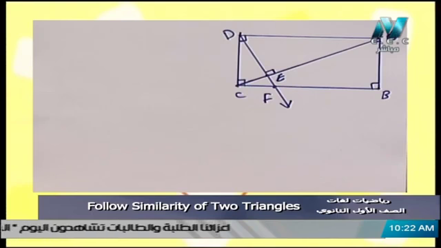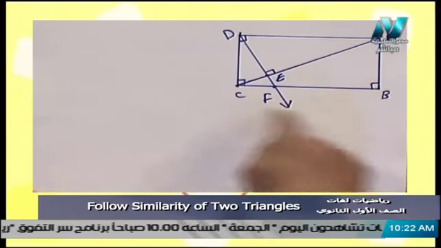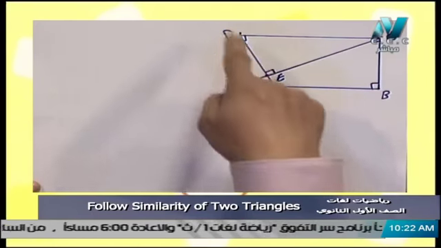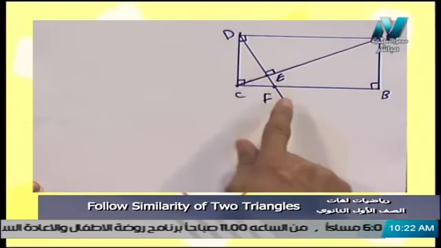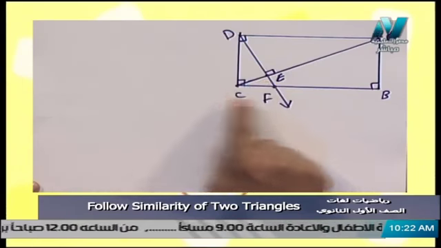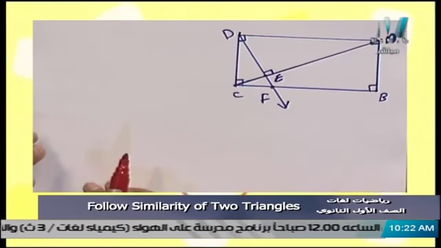We have here a rectangle ABCD, and we know that each angle is 90, or a right angle. And if we draw AF passing through E and perpendicular to AC, intersecting it at E and intersecting CB at F, what's the request here?